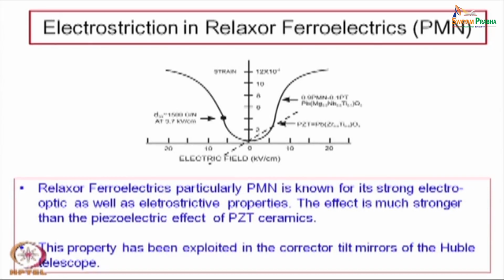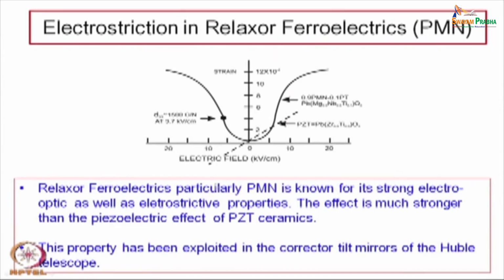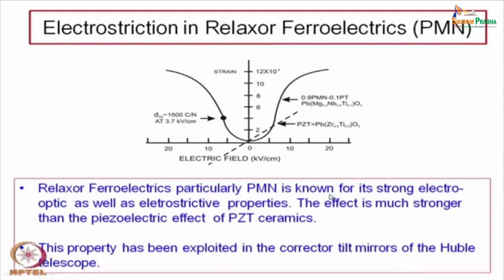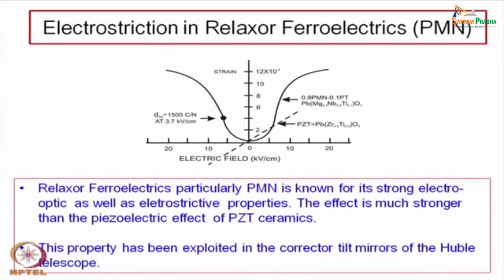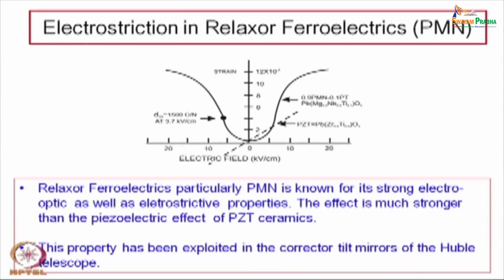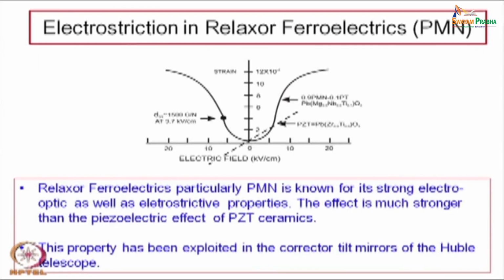So, it is more or less equivalent to the piezoelectric material. So, the relaxor ferroelectrics, particularly PMN, are known for their strong electro-optic as well as electrostrictive properties. Okay. The effect is much stronger than the piezoelectric effect of PZT.